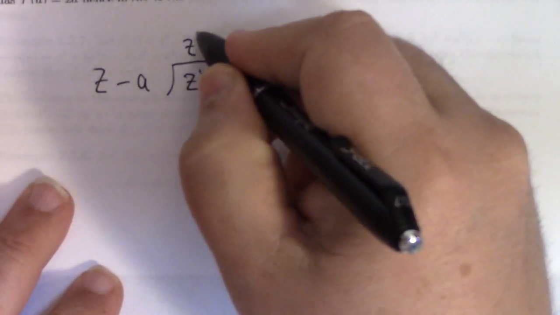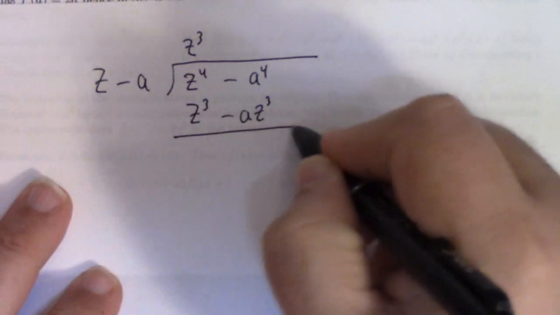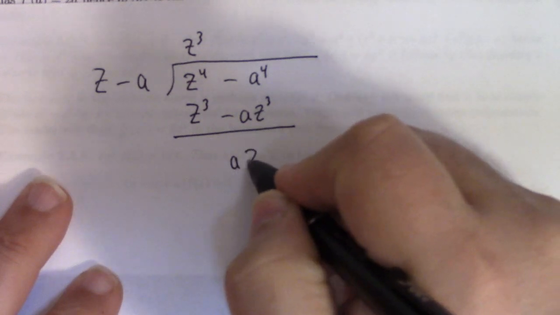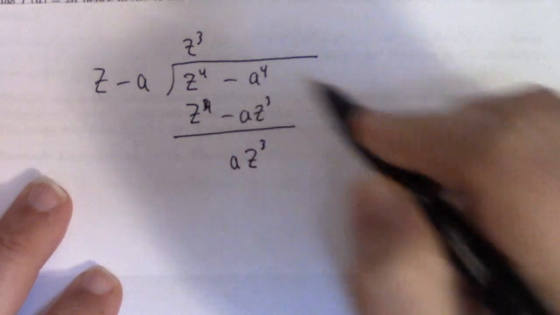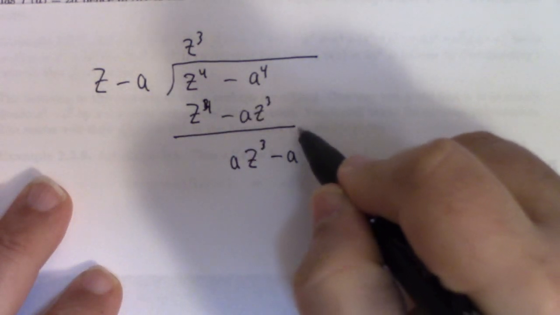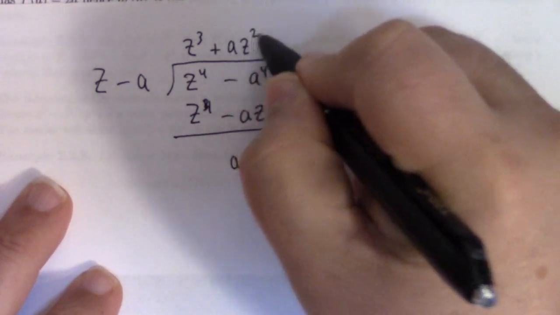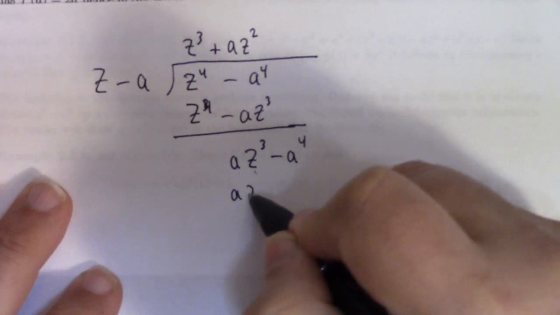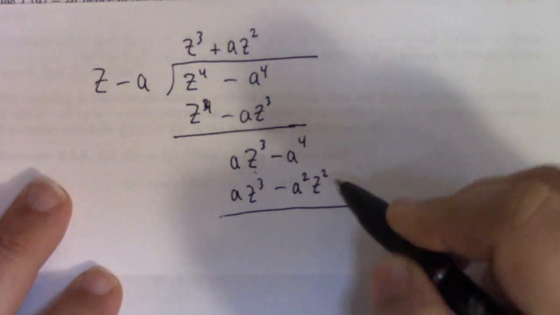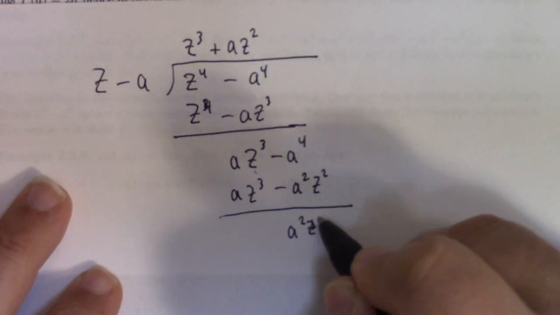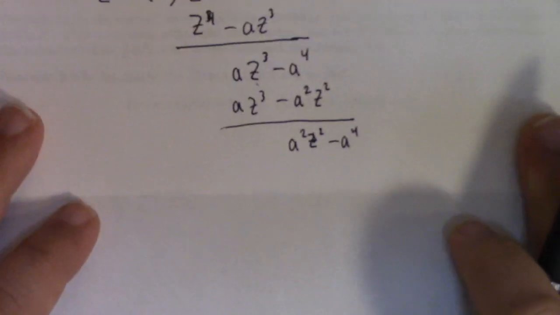So I do z cubed, so that gives me z to the fourth minus a z cubed, subtract, that gives me a z cubed minus a to the fourth. Then to get rid of that I need a plus a z squared, so multiply that, I get a z cubed minus a squared z squared, subtract, I get a squared z squared minus a to the fourth, and then to get rid of a squared z squared, I do what?